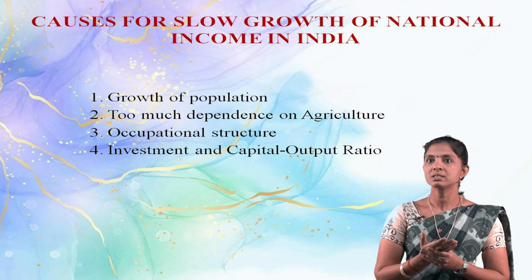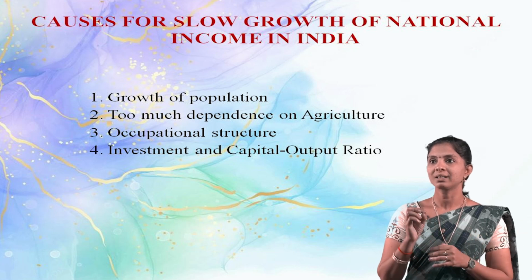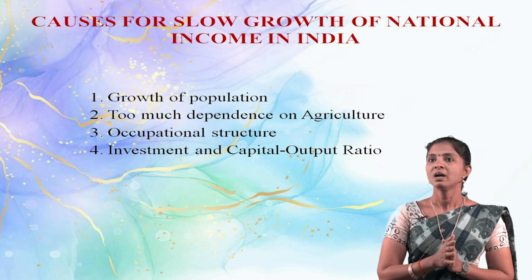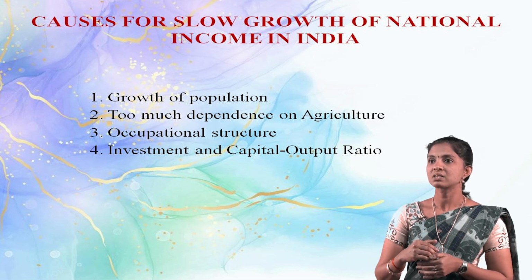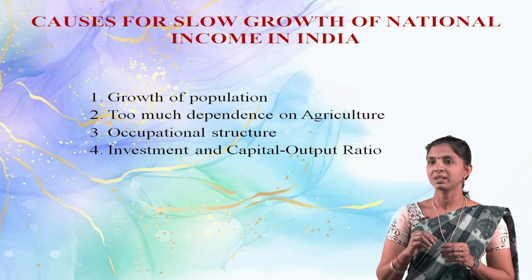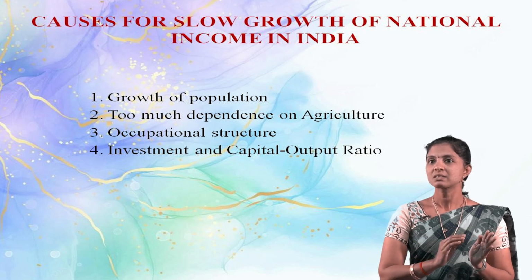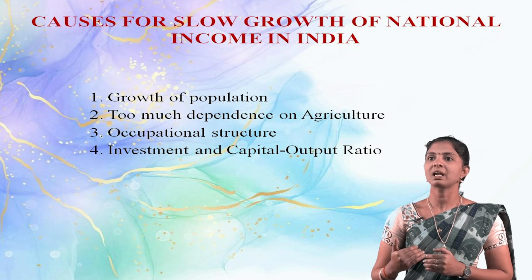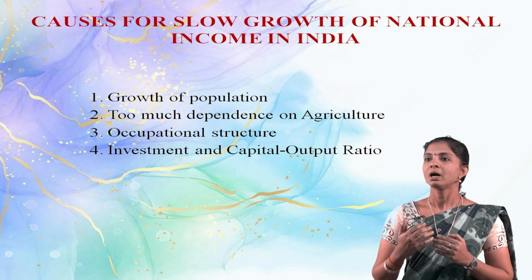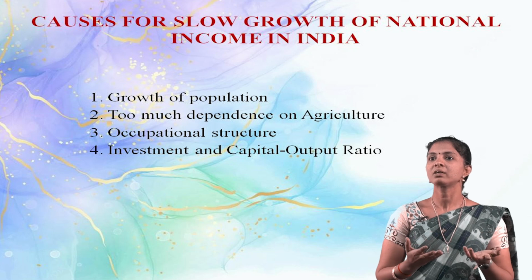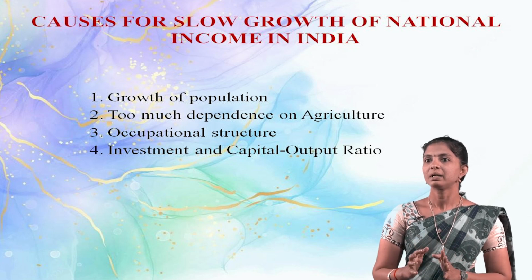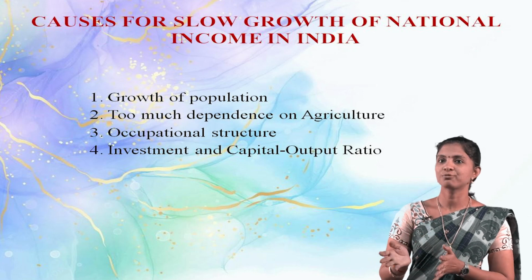Then second one is too much dependence on agriculture. The contribution of the agriculture sector is very large, whereas the contribution of the industrial sector toward national income is very poor. The excessive reliance on agriculture prevents a quick rise in the level of per capita income because agriculture is not organized on a commercial basis in our country, but is treated as a way of life.